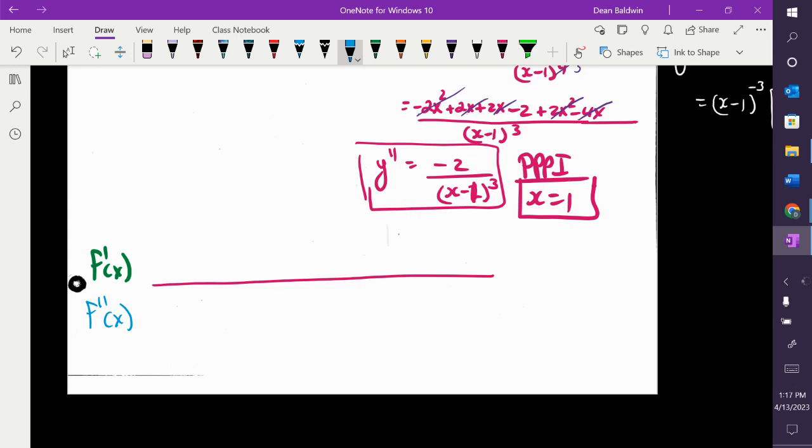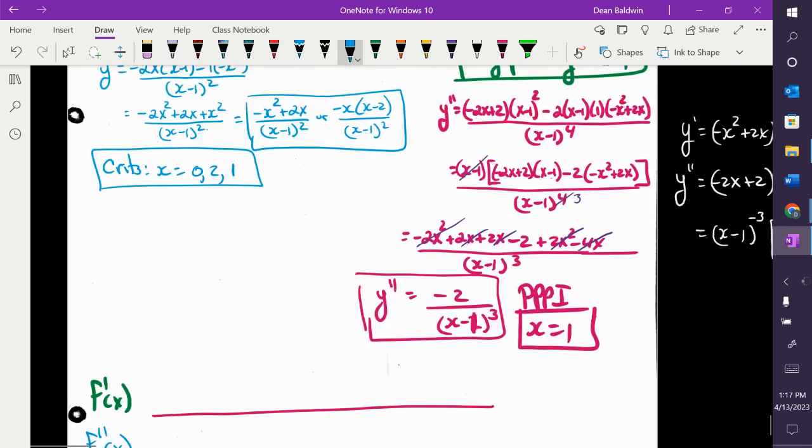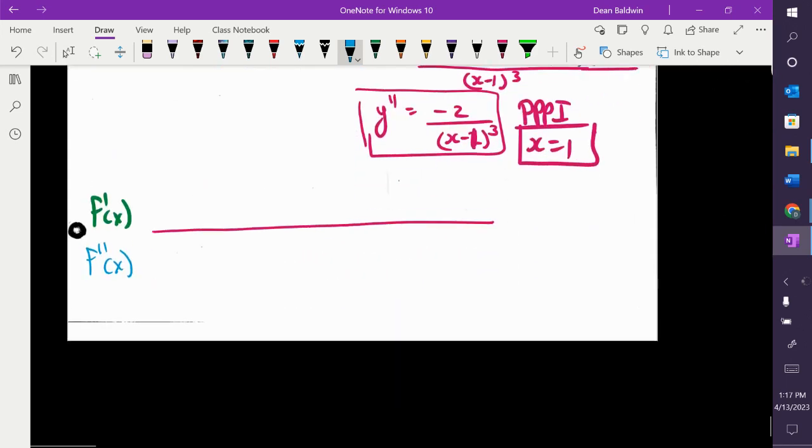So what are our critical points? 0, 1, 2. Mark those on the line. I'm going to do it in green. 0, 1, and 2.